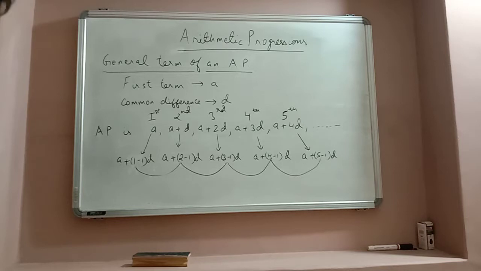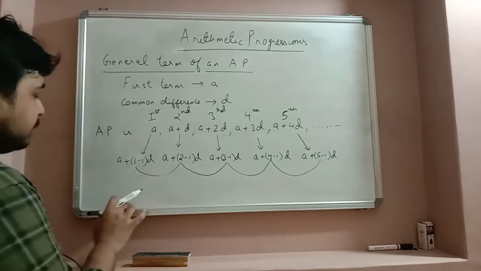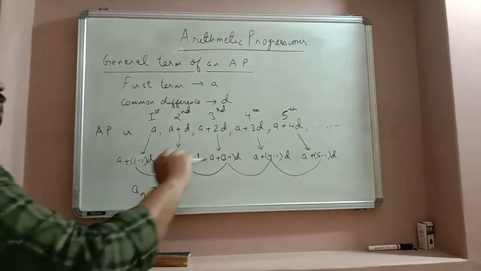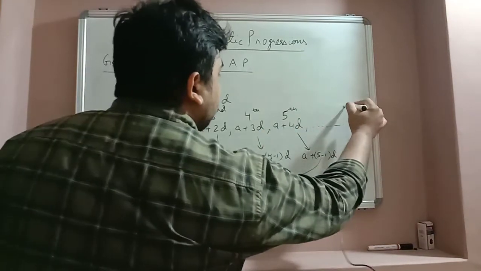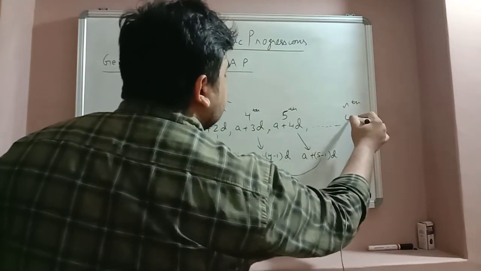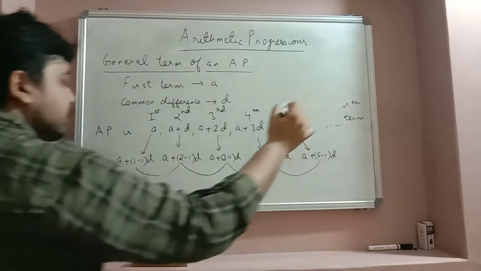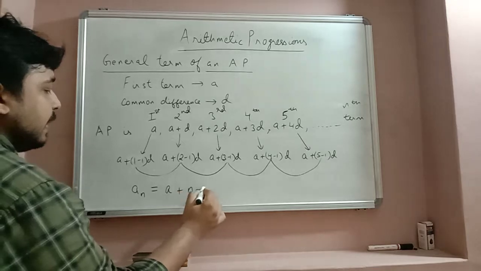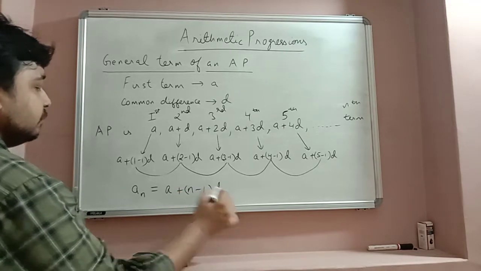Now obviously, what will be the nth term? It is denoted by a_n. If I need to find the nth term of this AP, then this nth term can be easily written as a plus (n minus 1) into d.